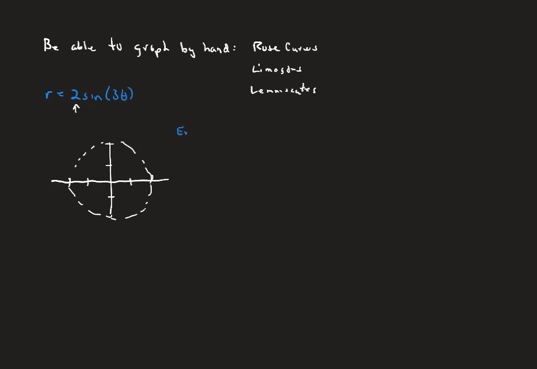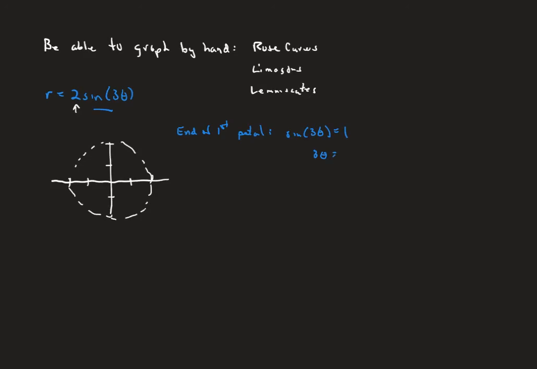So I'm going to first find the end of the first petal. And to do that, I want to know where is sine 3 theta first equal to 1, because that's where sine is going to be its biggest. So the biggest sine can be is 1, and we want to know for what angle theta that is going to be 1.